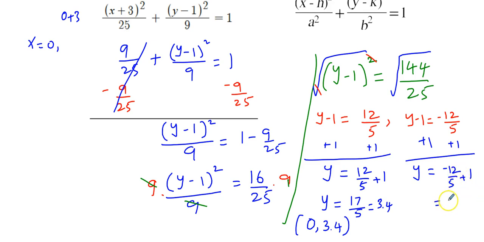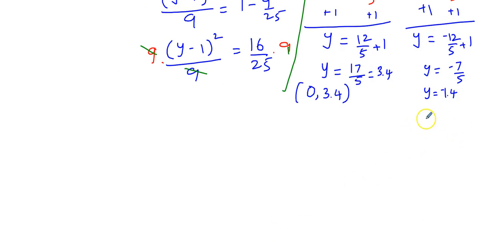Negative 12 plus 5 is how much? Negative 7 over 5. So y is equal to negative 7 over 5, or y is equal to 1.4 with a negative sign, negative 1.4. That is, for x equal to 0, y is also negative 1.4.